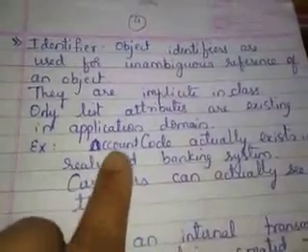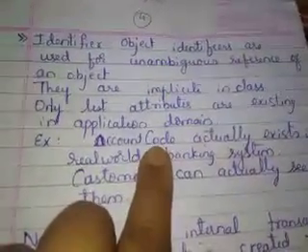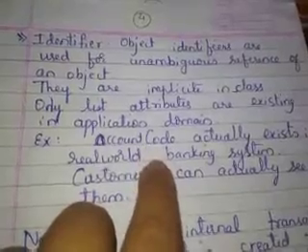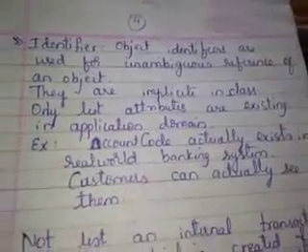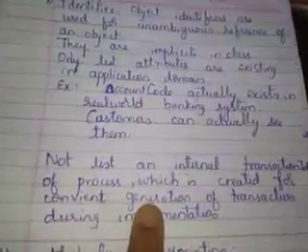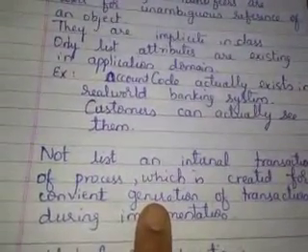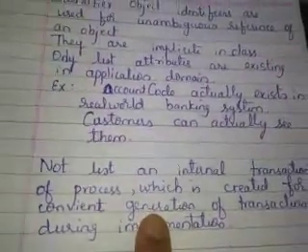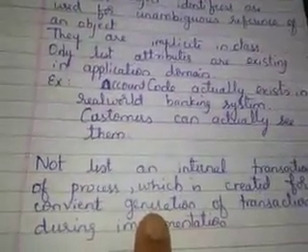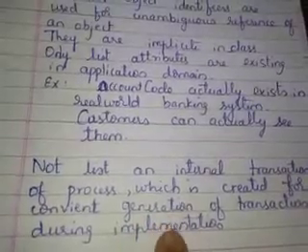For example, we know account number is present in the banking domain, so we keep it. Similarly, transaction ID is there. Why are we using the transaction ID on the remote transactions that we do in the bank? Because we want to keep a log of the things, and it can be used during the implementation.